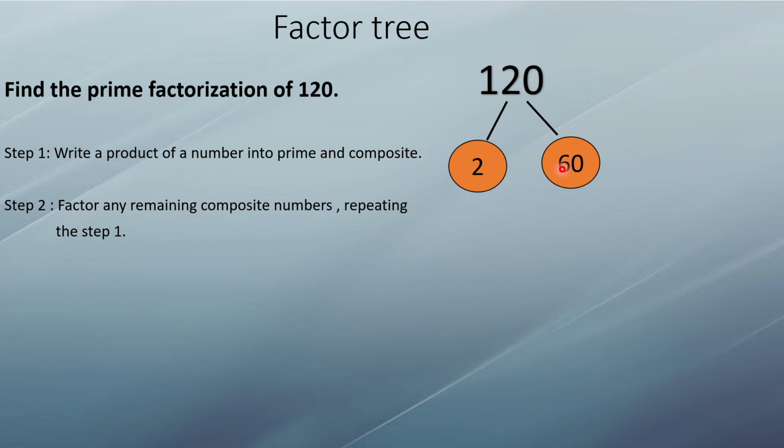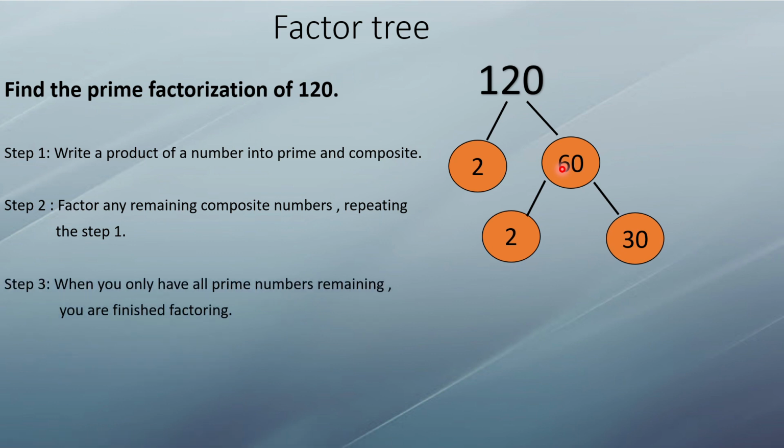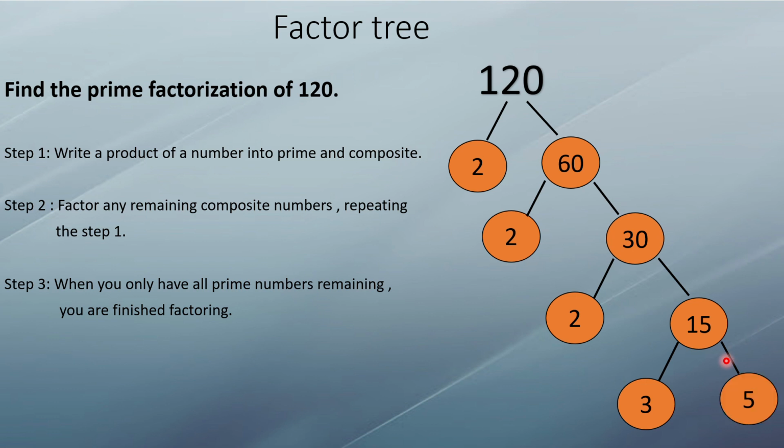We split the 60 and we have 2 and 30. And then the 30, we're going to split it. We have 2 and 15. And the 15, we have 3 and 5.